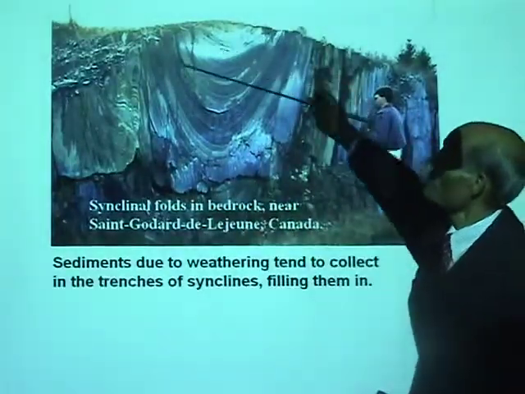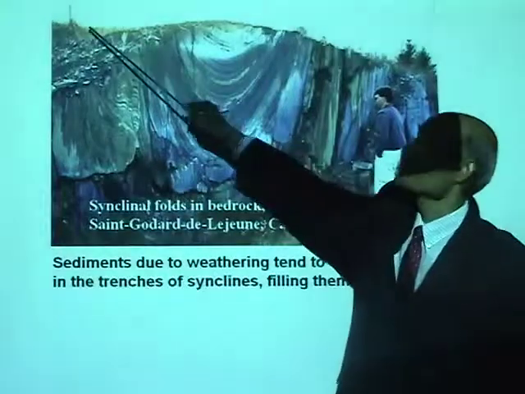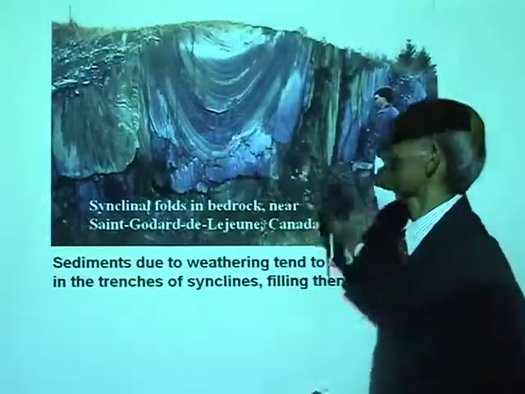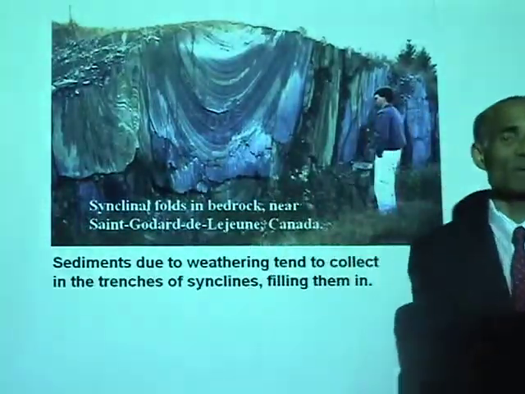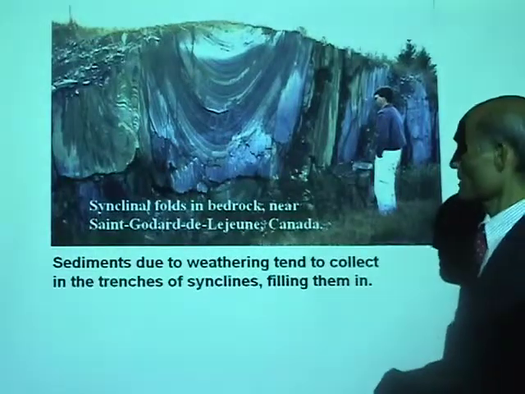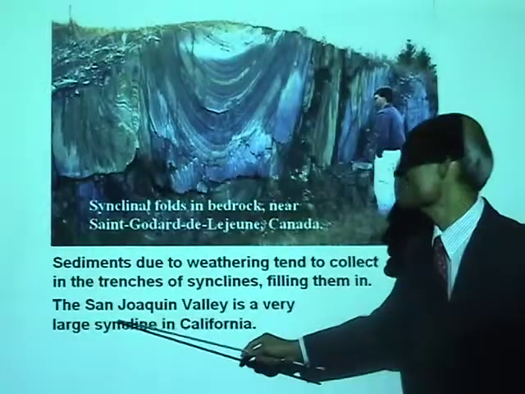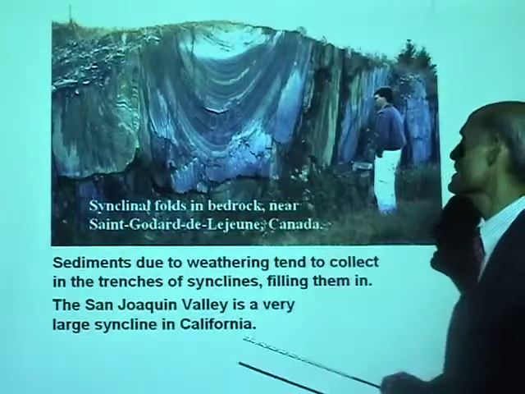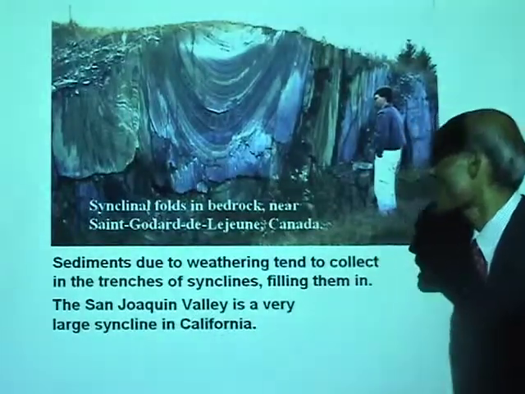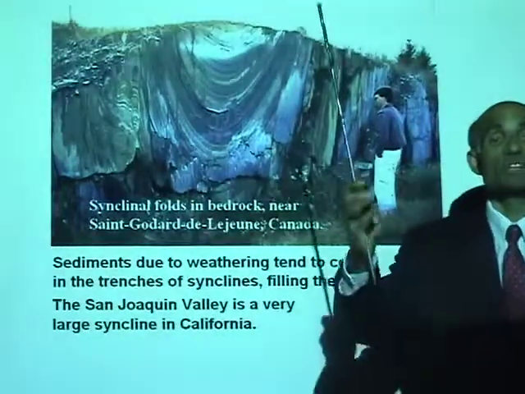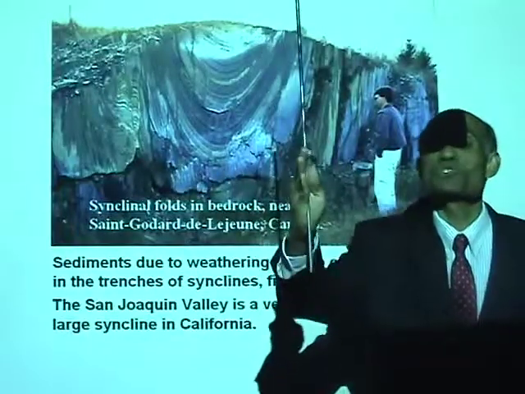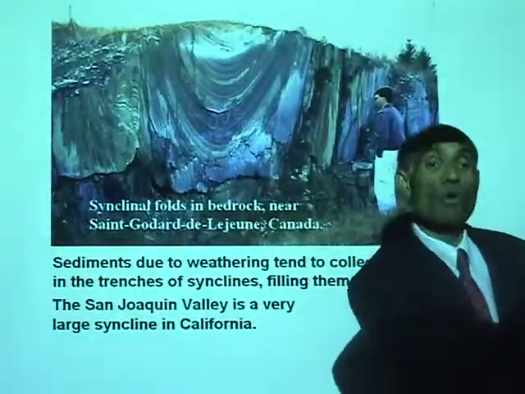If it were not broken on the sides here, you will not know that there is a syncline underneath the ground. Now the San Joaquin Valley is a very large syncline in California. So some of the valleys that we see on the surface of the earth are actually folded rock.